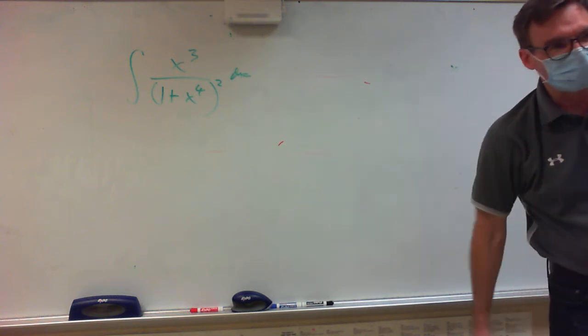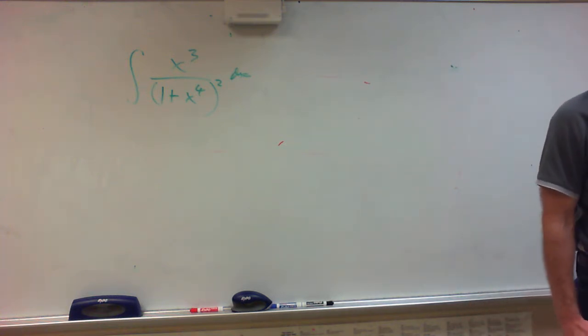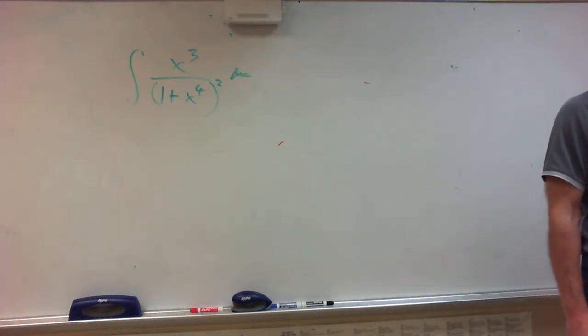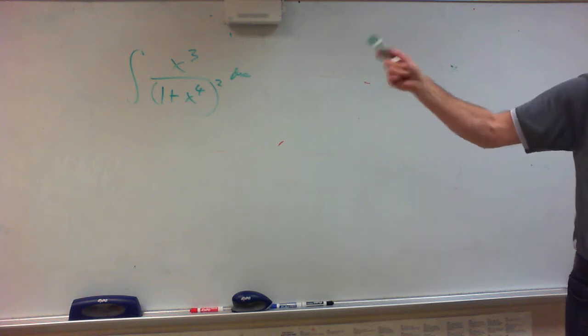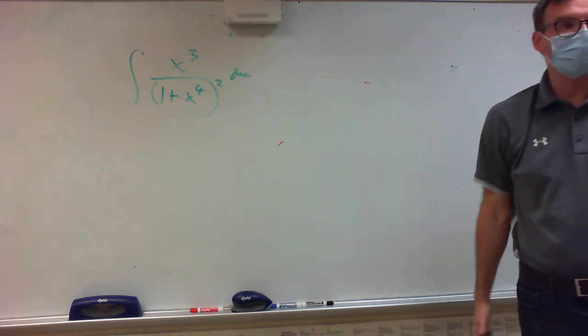So a couple of things. There is no quotient rule. There never will be a quotient rule, right? You don't know how to handle a variable in the bottom. So how could I rewrite this so it looks like something I know how to deal with?